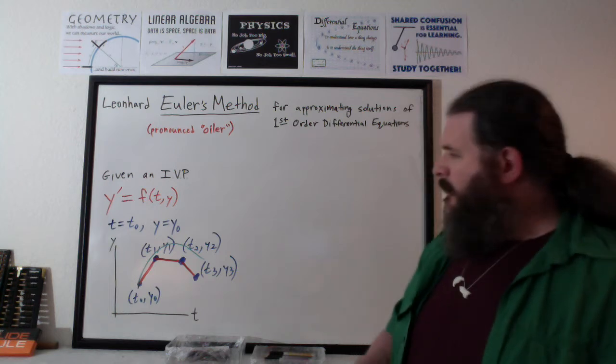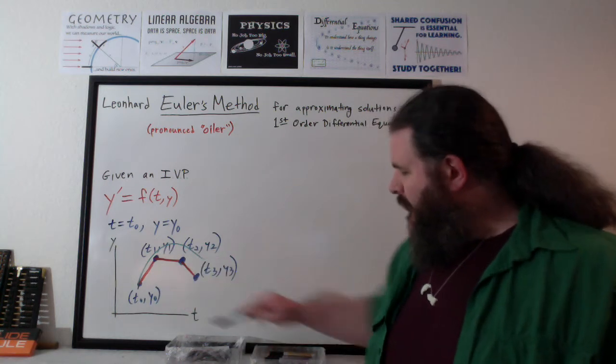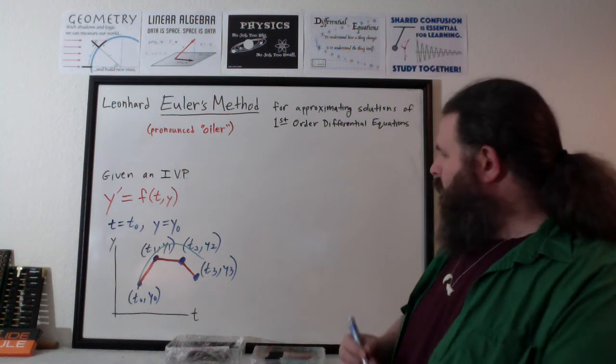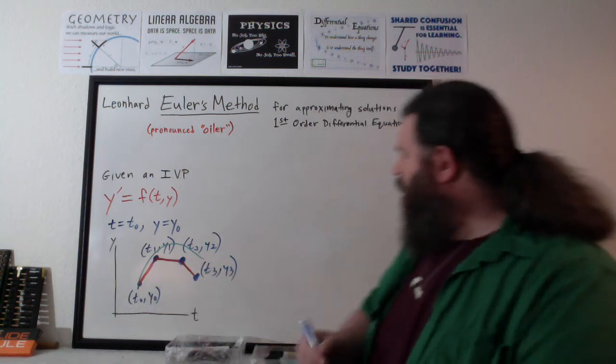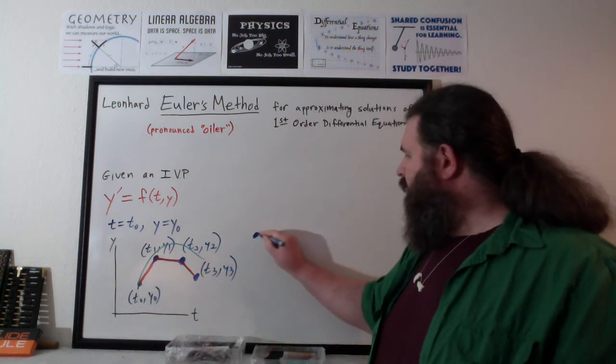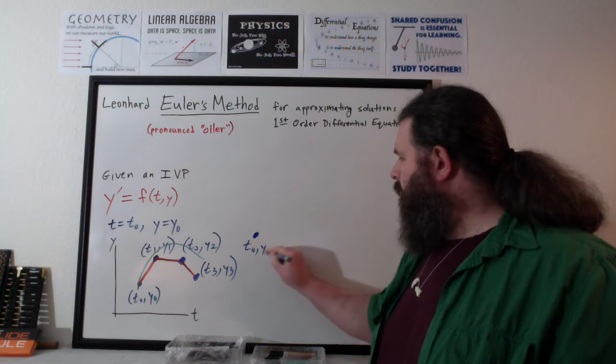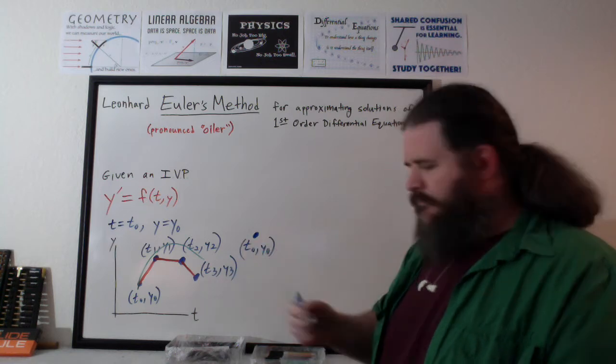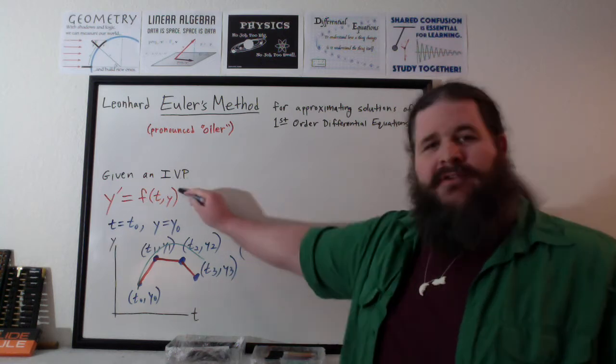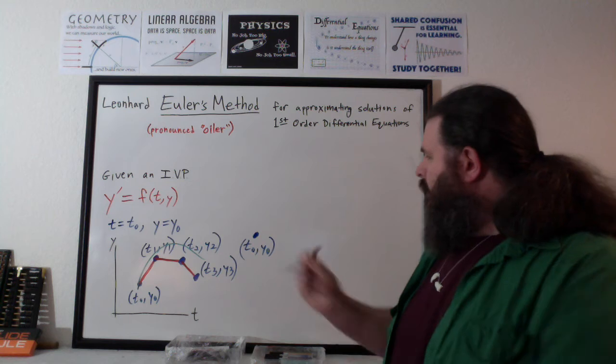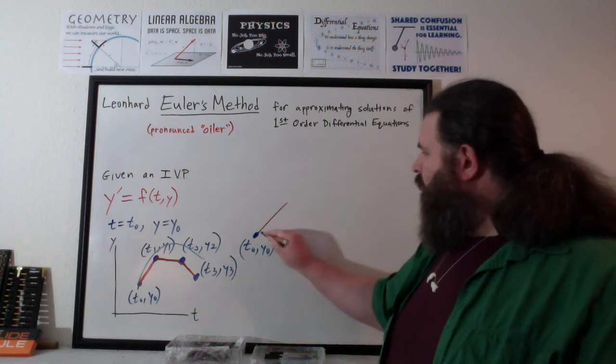So let's look into how we'd actually find the next data point. Zooming in a bit on this region, let's say you have your initial condition t0, y0. Substitute that into the differential equation, and you've got a slope. Let's say we follow that slope for some distance.